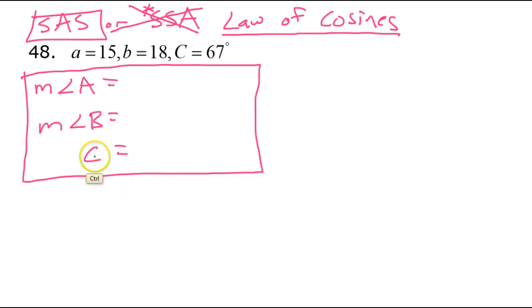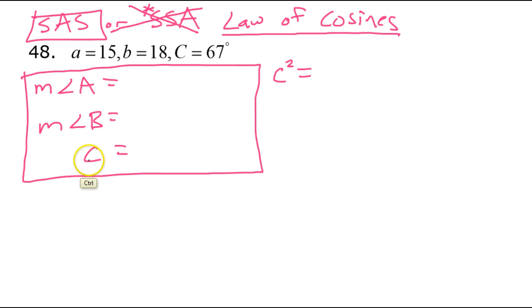Let's find the length of side C first. It doesn't really matter. I could have picked any of these, but I just choose to go after side C. And really, the only reason why I'm biased is because I enjoy writing down the Pythagorean theorem first.